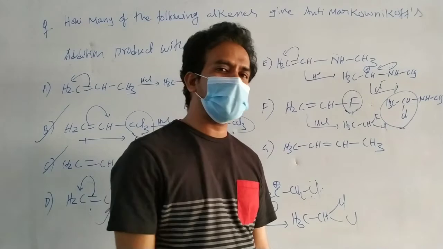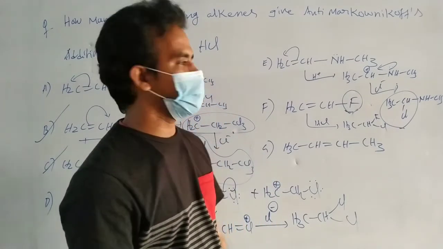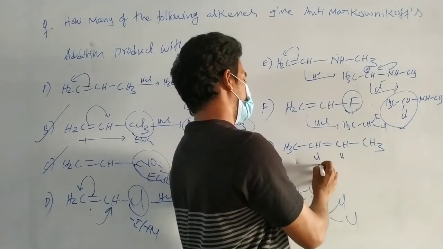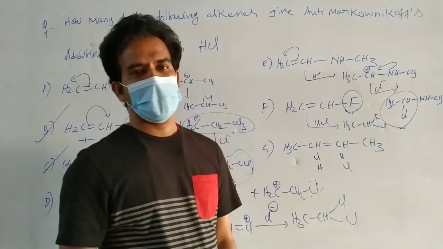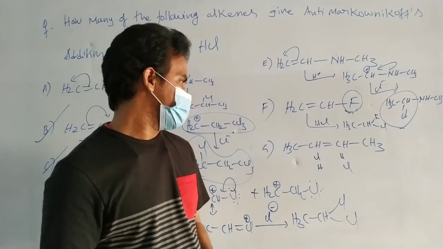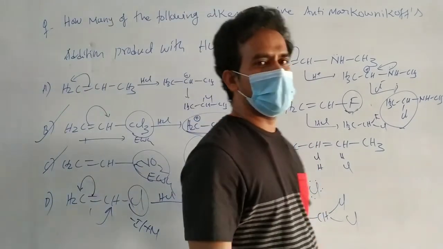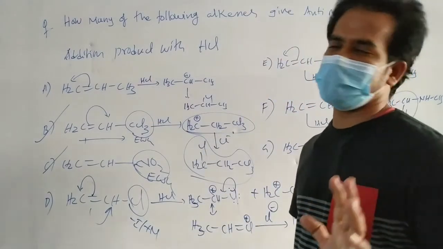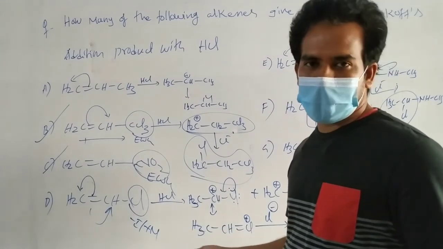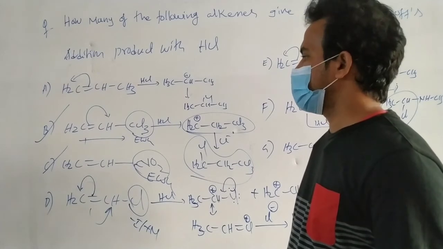For symmetrical alkenes, the Markovnikov or anti-Markovnikov rule is not applicable, because whether Cl adds on this carbon or on this carbon, it gives the same product, 2-chlorobutane. So finally, B and C produce an anti-Markovnikov addition, even with HCl in the absence of peroxide.